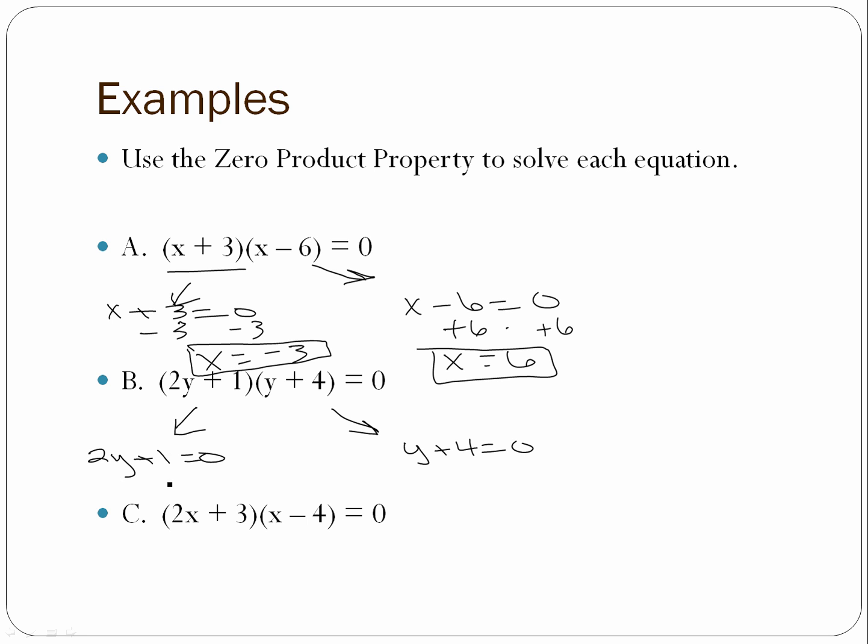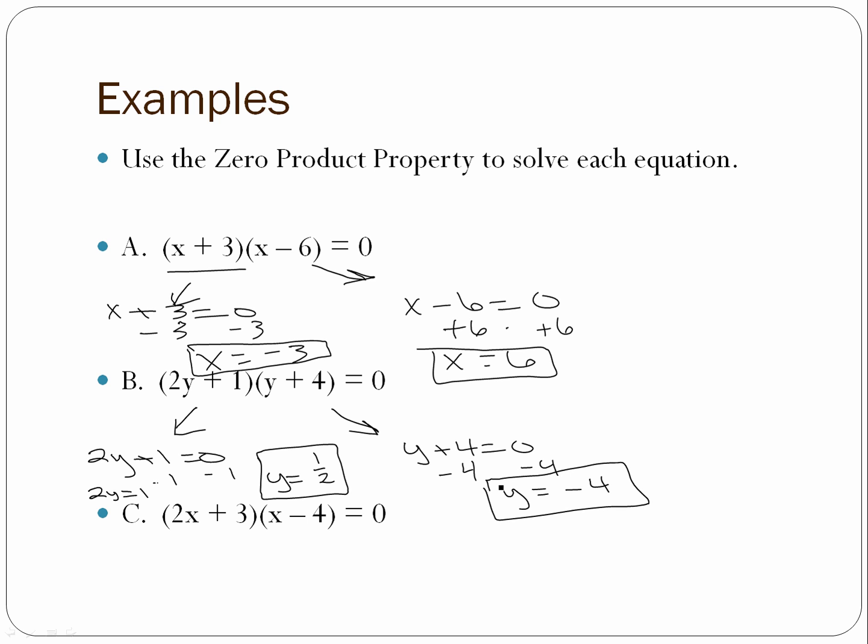Solving equations, I want to subtract 1 first. So this will be 2y equals 1. Dividing by 2 on both sides, I'm going to end up with y equals 1/2. Fractions are fine for answers. And on the other binomial, y plus 4, let's subtract 4 from both sides. And on this side, y will equal negative 4. So my answers for this example are 1/2 and negative 4.